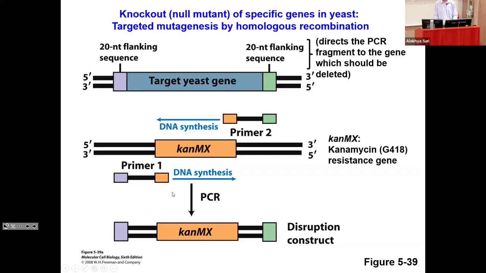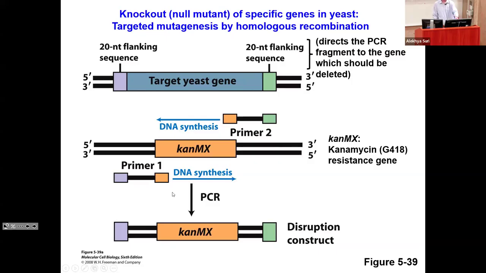In general, when you knock out a gene, you replace the gene with a marker gene. It's the same principle I described before with the plasmid and the antibiotic resistance marker, where you select the cells containing the plasmid. In this case, you select the cells with the knockout, because the gene of interest is replaced with the marker gene.